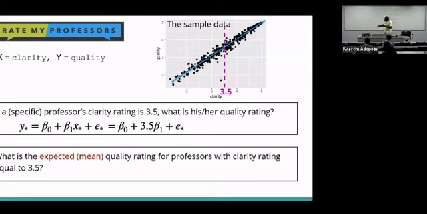Another way to do that, once I know my beta naught and my beta 1, of course, you've been taught how to estimate beta naught and beta 1, all I'm going to do is plug in 3.5 to replace X.